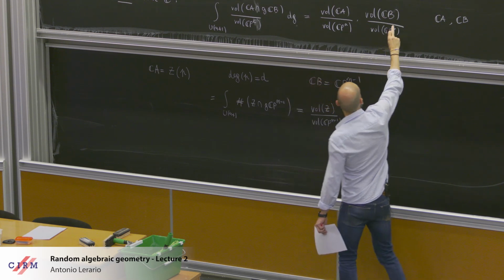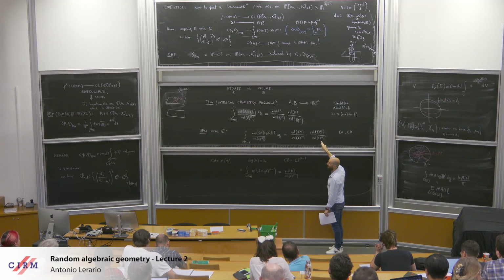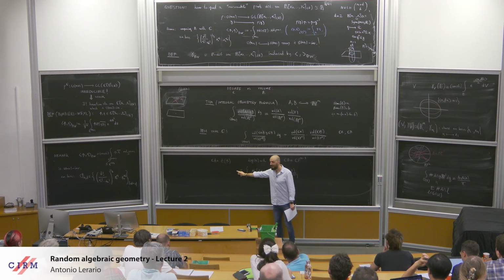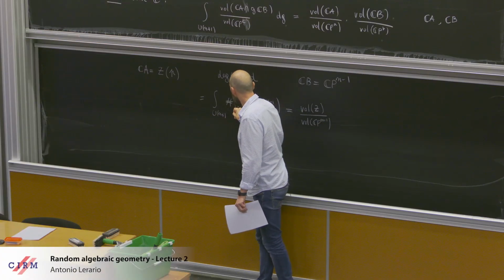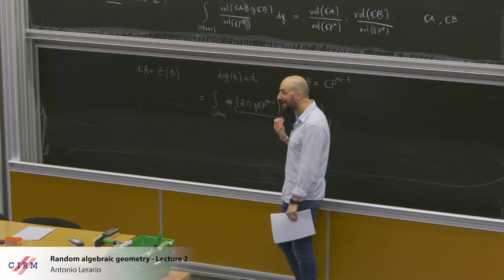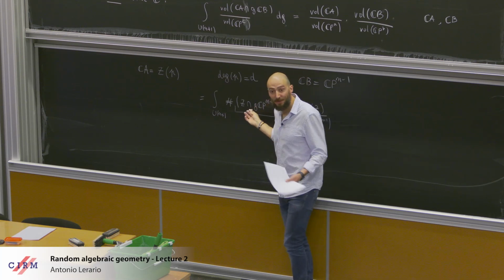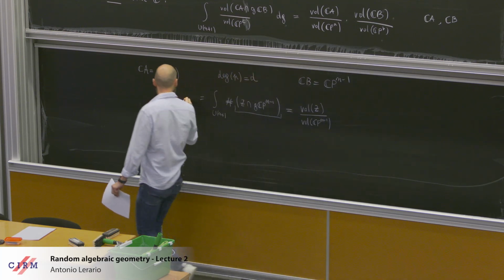Then I would have a volume of CP^(n-1) divided by CP^(n-1), which is just 1 in this case. But what's on the left-hand side here? By definition of degree, this function, the integrand, is constant almost everywhere. It's a definition of degree. So this integral is D.